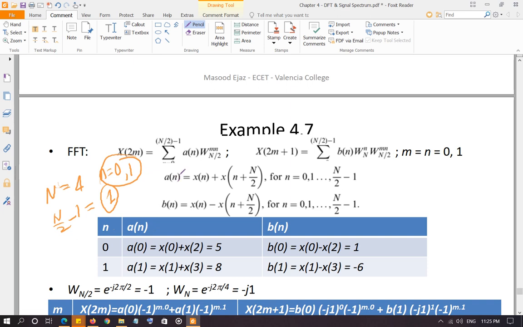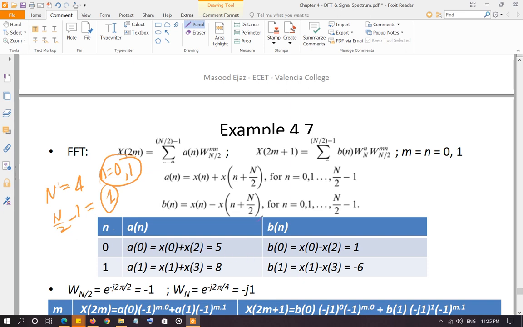So you calculated a naught, n is equal to 0, x0 plus x of n by 2. And then you calculated a1, x of 1 plus x of 1 plus n by 2. Remember, n by 2 is 2. So x of 1 plus x of 3, that's a1. And x of 0 plus x of 2 is a naught, right here.